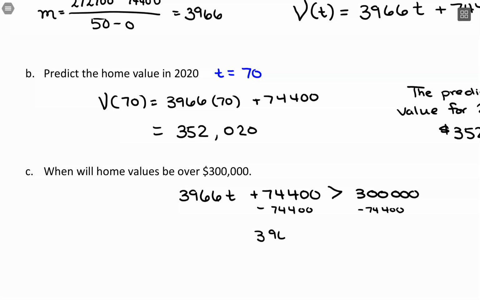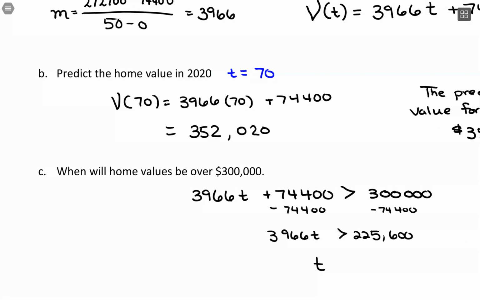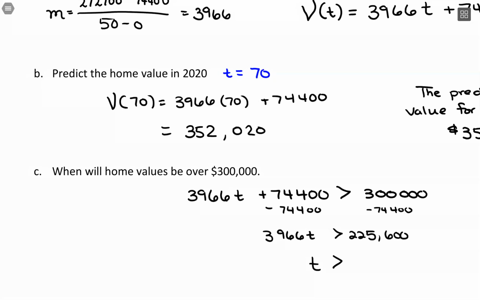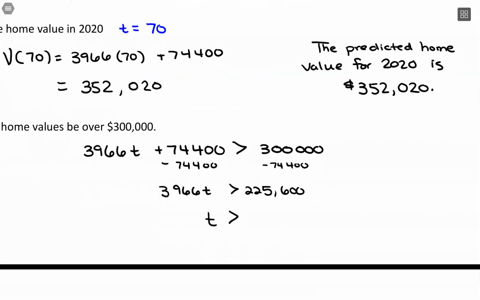So we have this 3,966t. We want that to be more than 225,600. Divide by 3,966. And since it's positive, our sign stays going the same direction. And we'll have t more than 56.88.